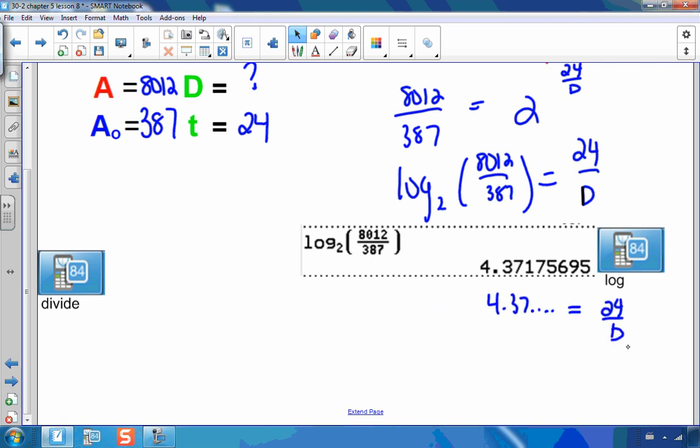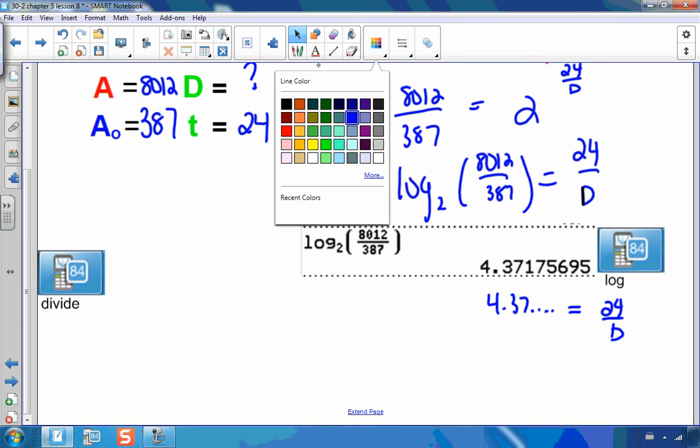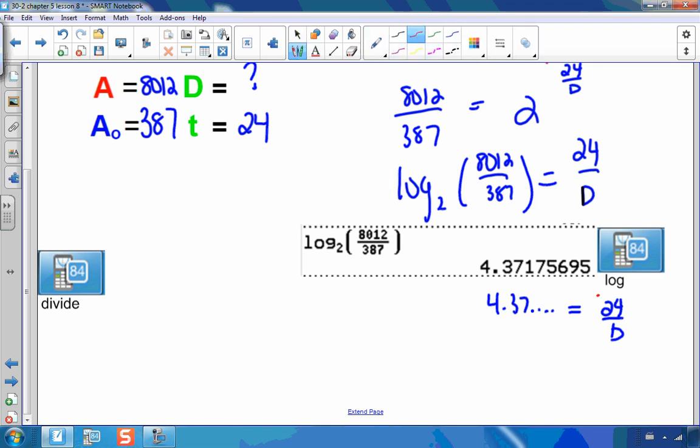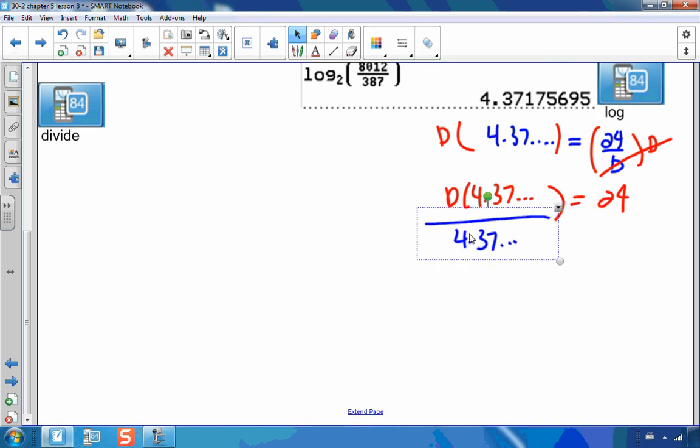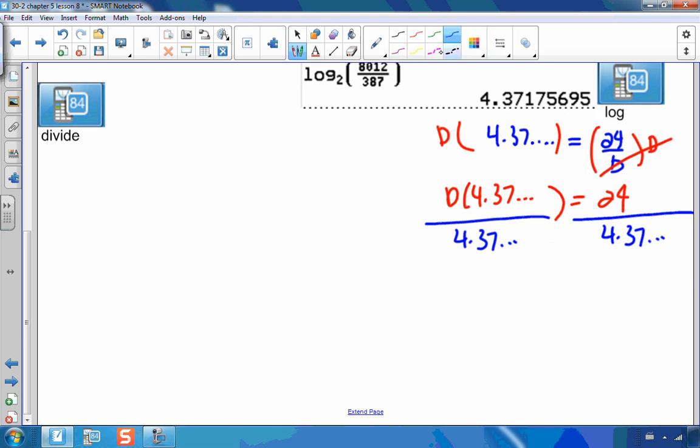To get d by itself, I'm going to divide both sides by 4.37, etc. Then I can plug that into my calculator and get the answer. 24 divided by 4.37, etc., is 5.489, and they said to round to the nearest tenth, so that would be 5.5 hours.